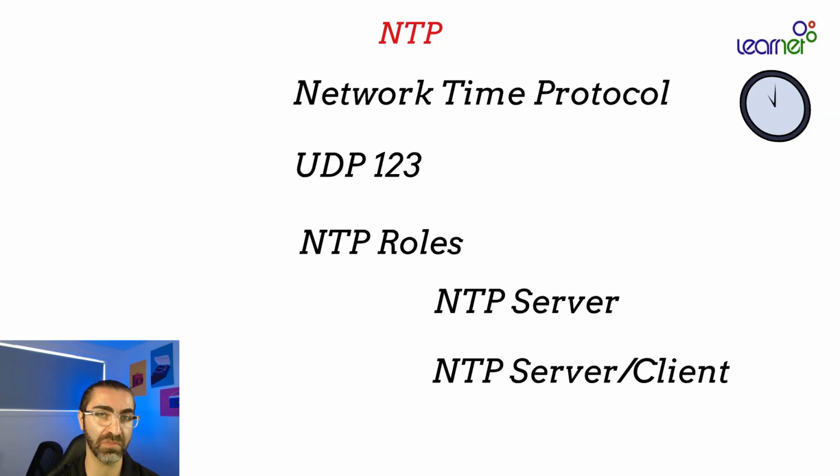So they cannot be merely client, either NTP server only or NTP server and client. In the second situation, when your device is NTP server and client, first it plays the client role and gets the time from an NTP source or NTP server, and then it can play the NTP server role and give the time to other devices.